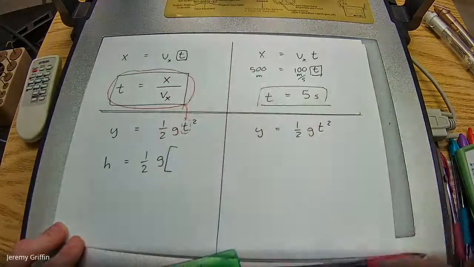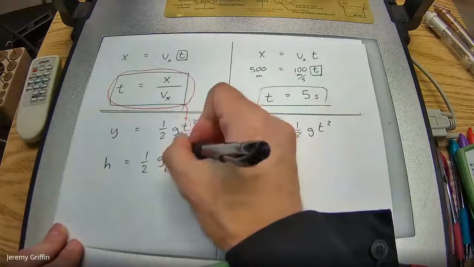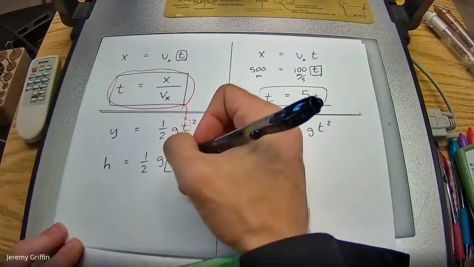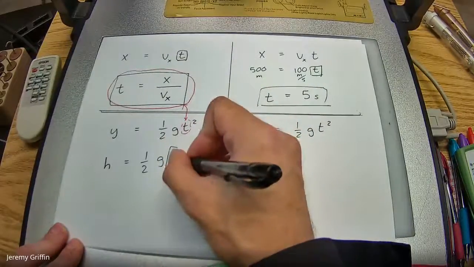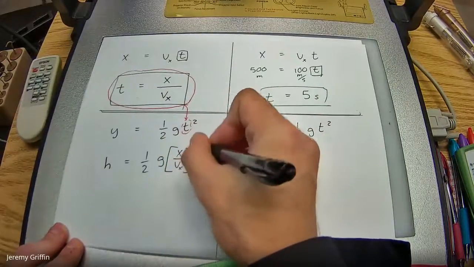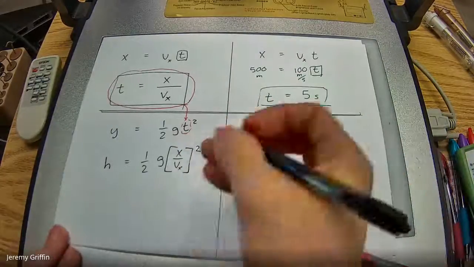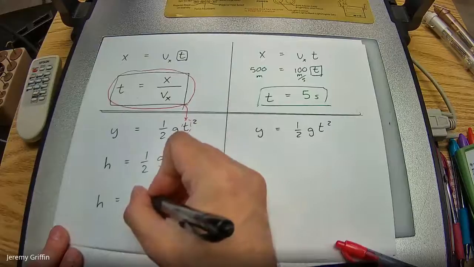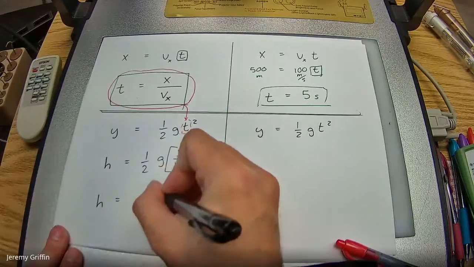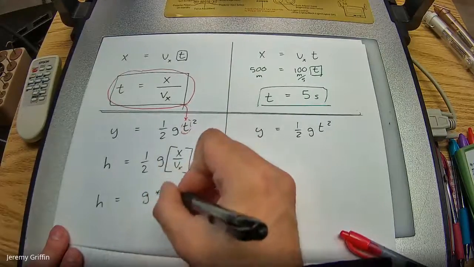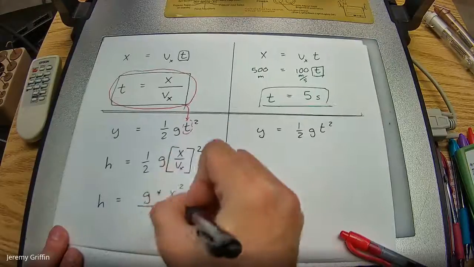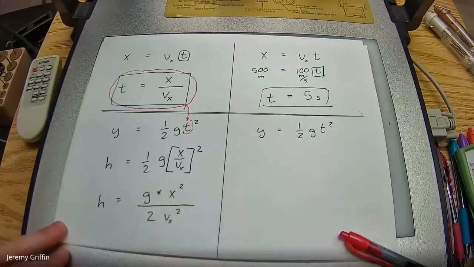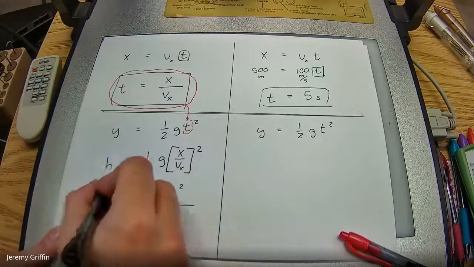So I should really go x over v sub x, then squared, like that. Maybe clean this up a bit. Right, so the height change would be, see, that's gravity multiplied by how far across squared divided by 2 times the blast speed squared. Okay. I think that should work, right? Well, we're going to find out.